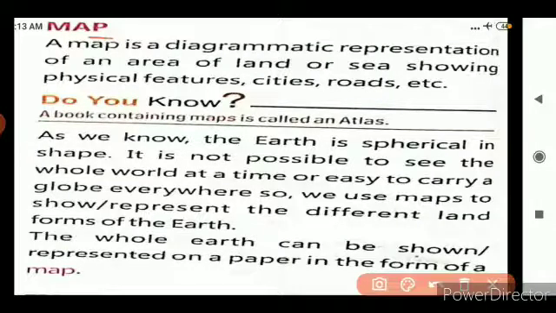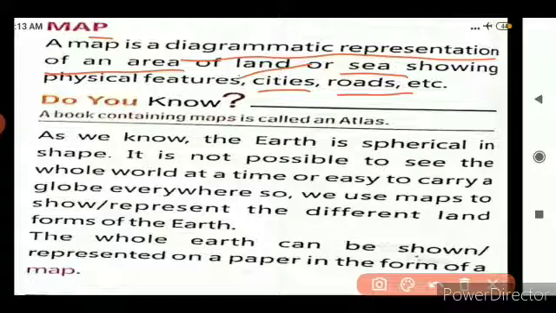A map is a diagrammatic representation of an area of land or sea, showing physical features such as cities, roads, etc. Okay children, a map is a diagrammatic representation of an area of land or sea showing physical features.